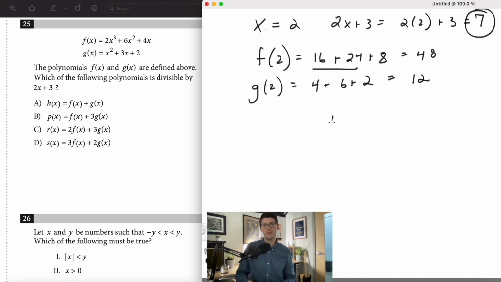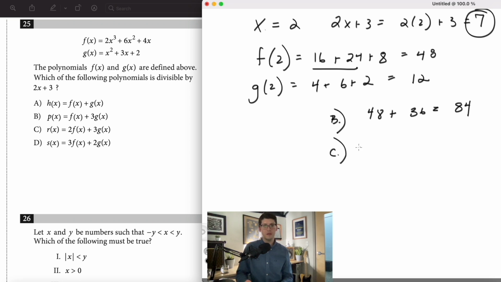If I try out B, B says f of 2, 48, plus 3 times 12, which is 36. That's equal to 84. 84 is divisible by 7, it's 12 times 7.